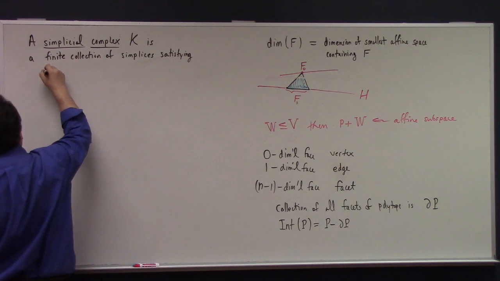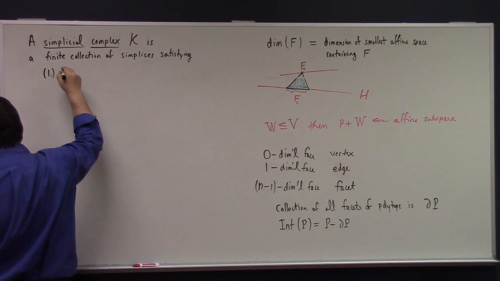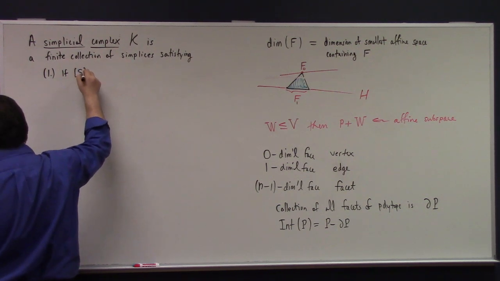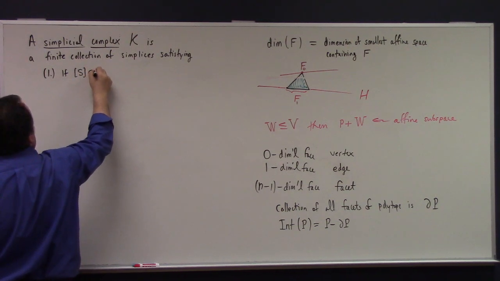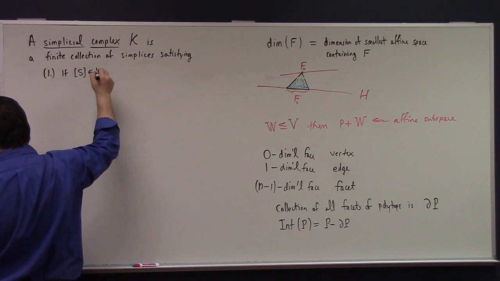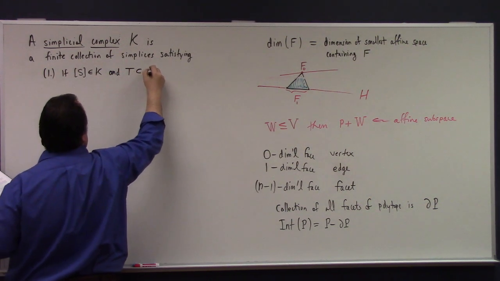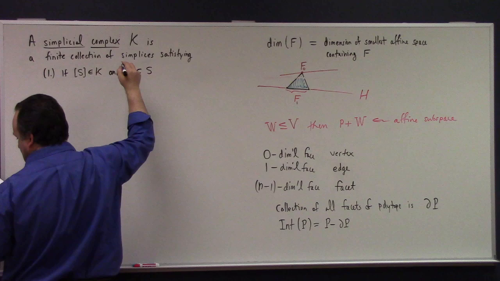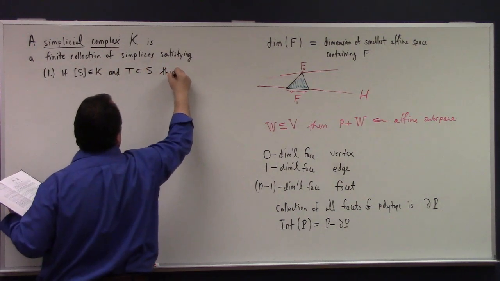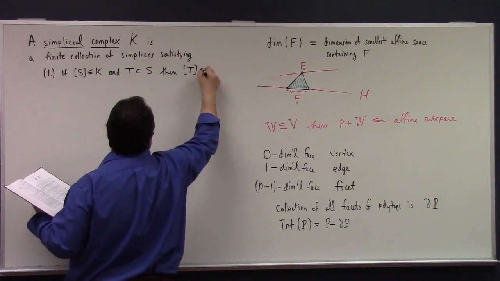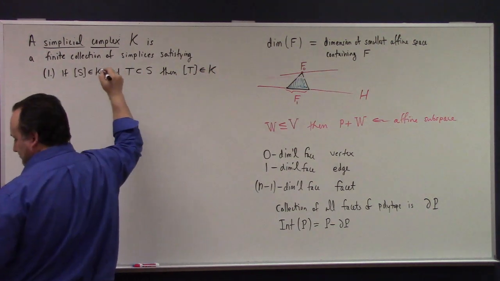Number one, if S is in the simplicial complex and T is a subset of S, then the simplex generated by T is also in the complex.